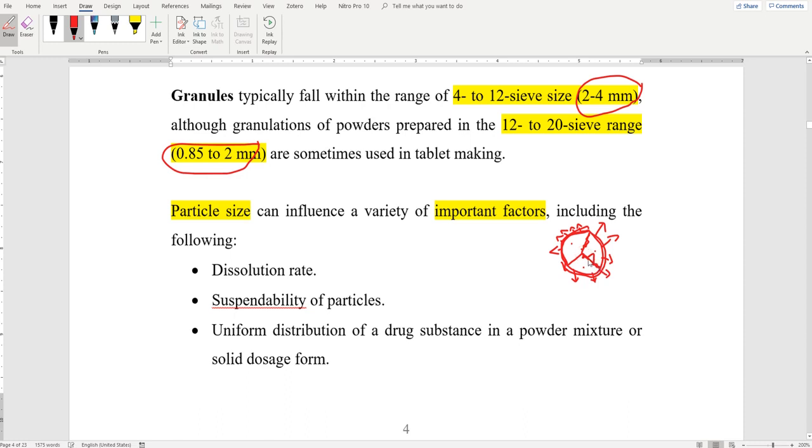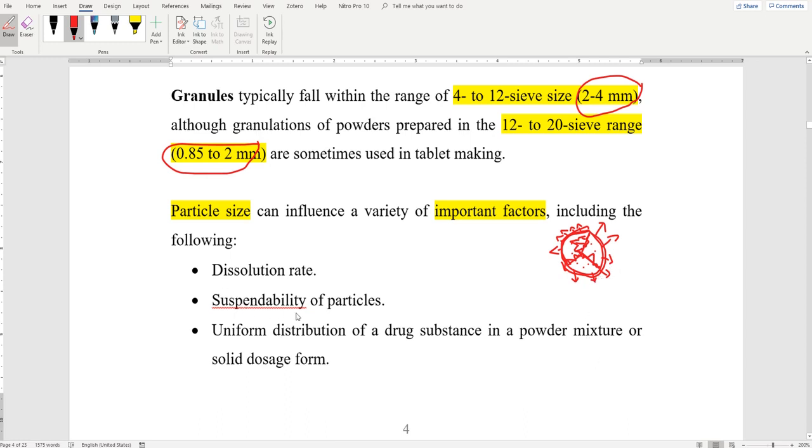Meaning there is now an inner surface, because these particles will be separated. So now you have a surface on this side and a surface on this side, a surface on this side and a surface on this side. So your surfaces have increased. The dissolution will not only happen from the outer surface but also from the inner surfaces that you created by breaking the particles into smaller parts.